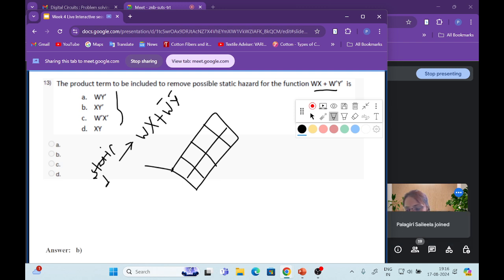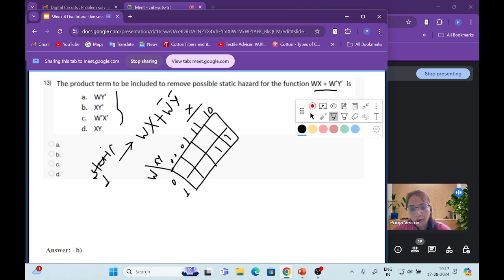Okay, so W, X and Y. I am taking this side XY and this side W. 0, 1, 0, 0, 0, 1, 1, 1, 1, 0. First we need to write WX. So let's see in which rows and columns we will get WX only. W means 1 only, and X. If we take X, this represents X, right?